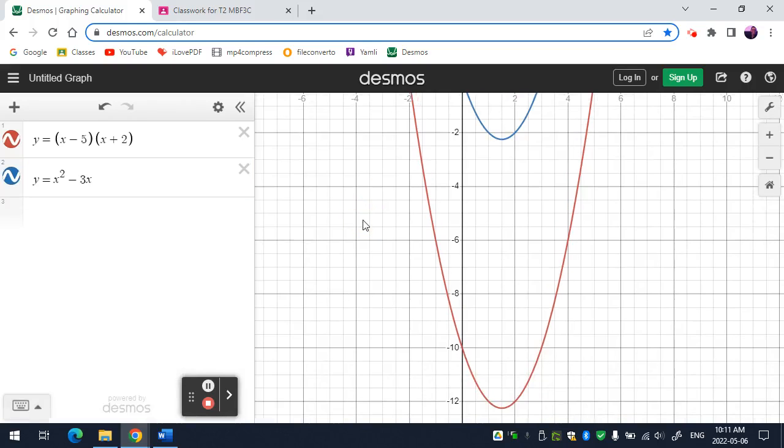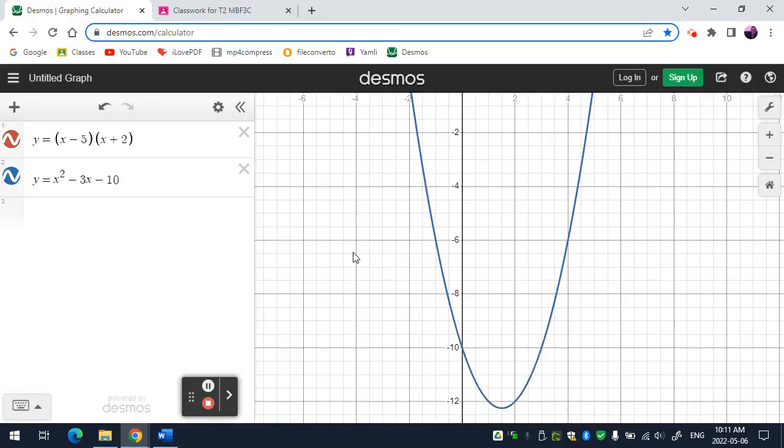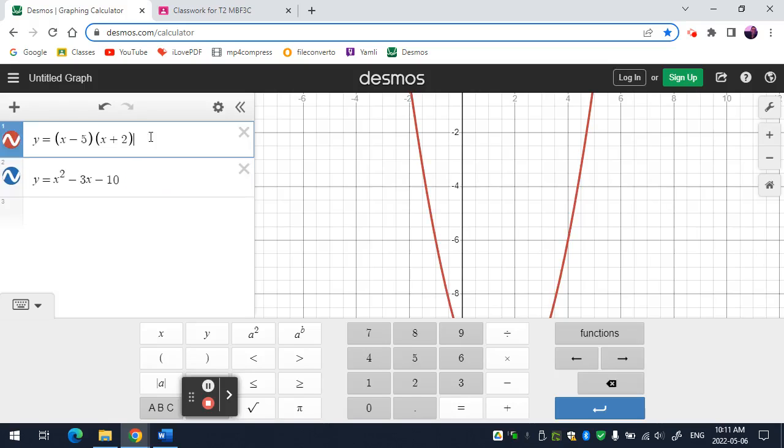Are they the same yet? No, they're not. They're off. What do I need to put here? Minus 1. Are they the same? Yep. Red, blue, red, blue, red, blue. They are the same. Done. That's the proof that your expansion is correct.